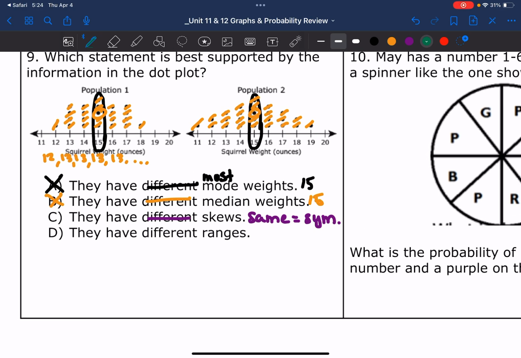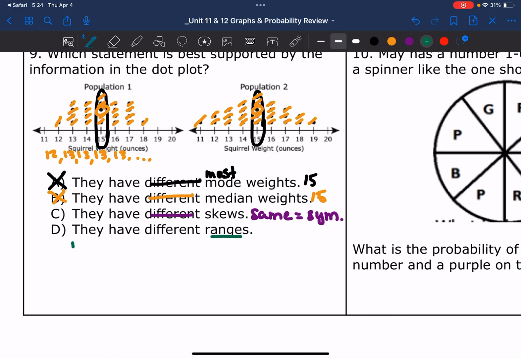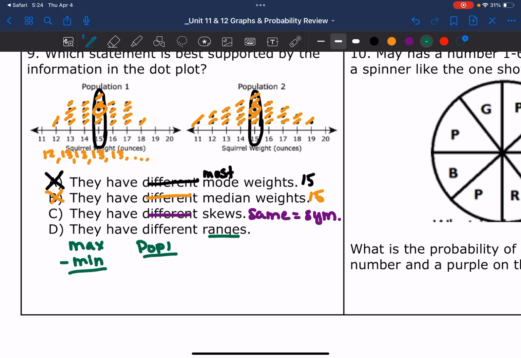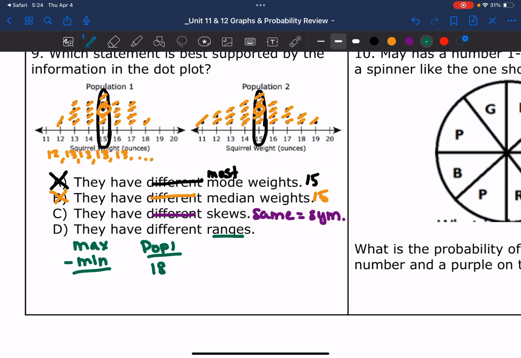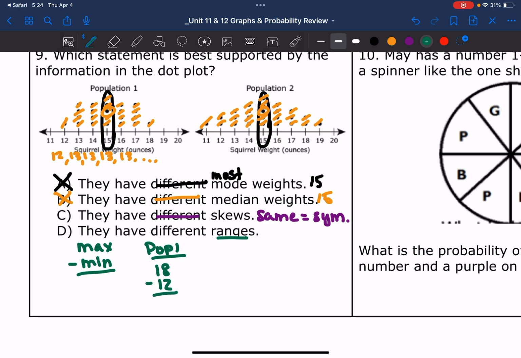But let's look at that just to make sure that we can verify it for sure, okay? So remember, range is going to be maximum minus minimum. So for population 1, we are going to do 18 minus 12. That is going to be 6.